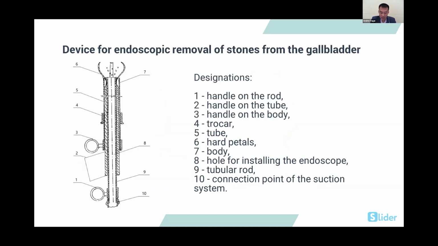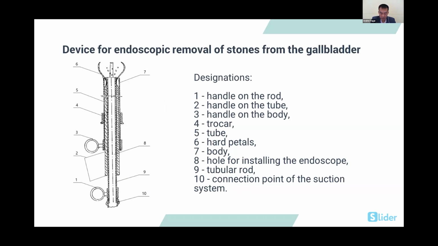In our cases, for the endoscopic removal of stones from the gallbladder, a special device was developed containing a tubular body with a handle and a tube placed inside, with an endoscope installed inside, with petals on the working end, which are installed with the ability to compress when entering the body.